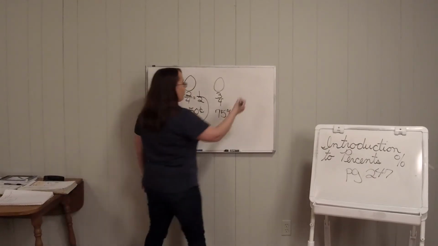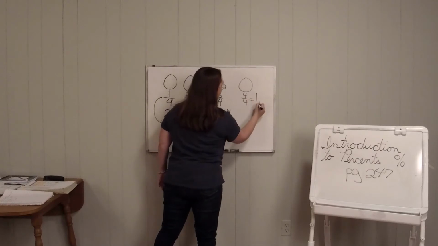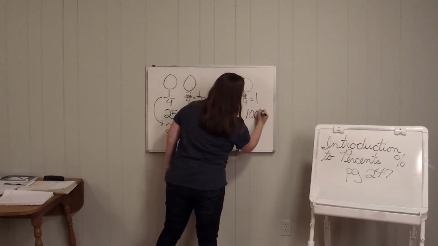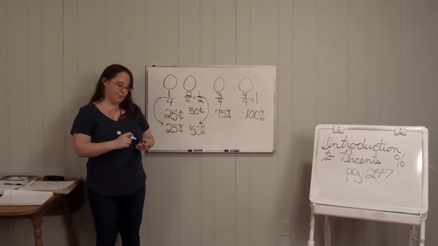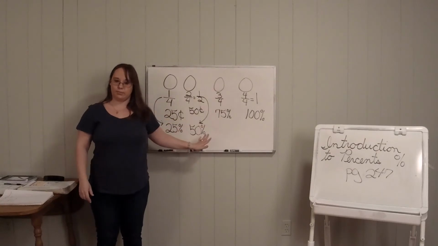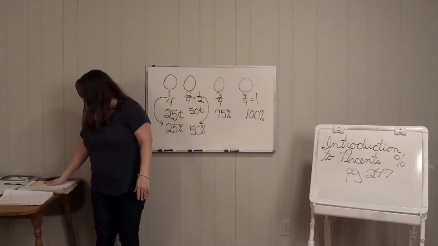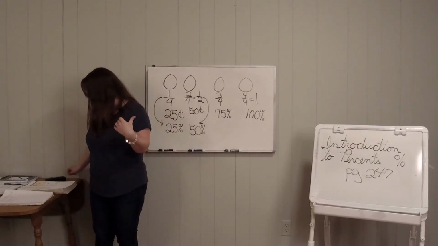Then if you have 4 quarters, 4 over 4 equals a whole, which makes 100%. So if you can remember this, and you can remember that chart, you should be able to understand this.